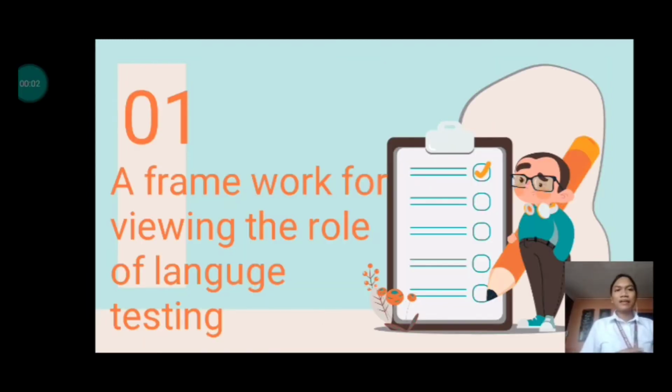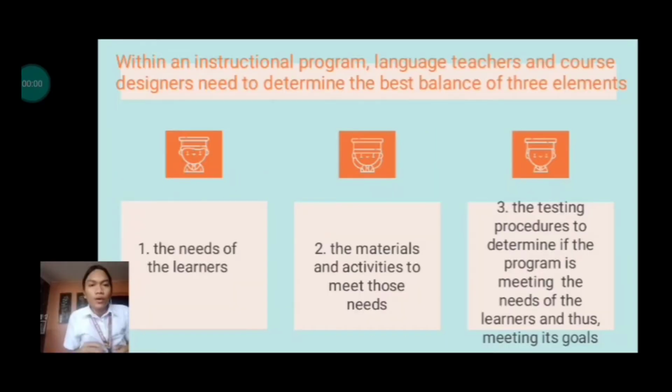The first topic is all about a framework for viewing the role of language testing. Within an instructional program, language teachers and course designers need to determine the best balance of three elements. The first one is the needs of learners. The second one is the materials and activities to meet those needs.